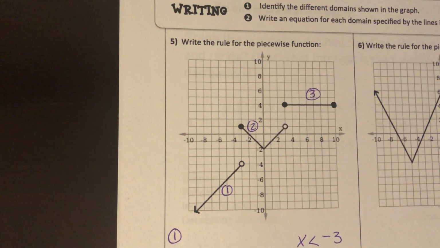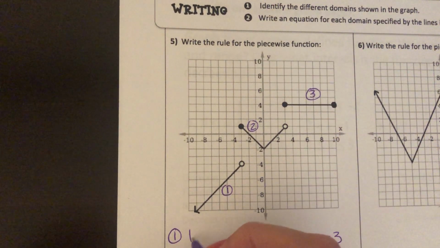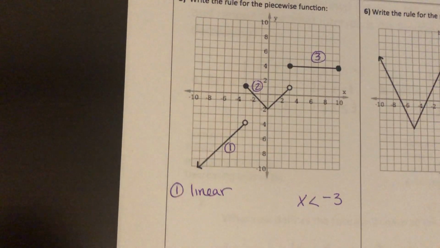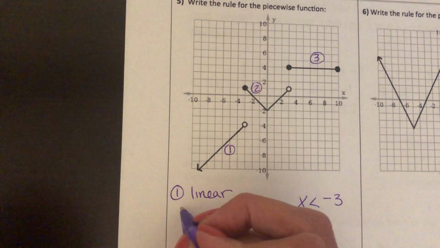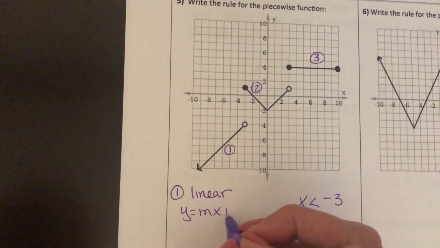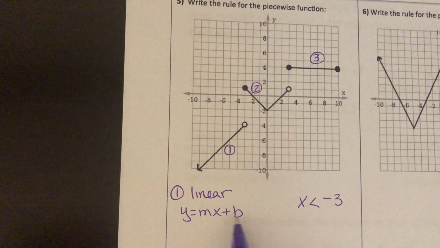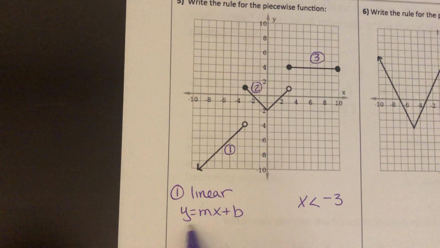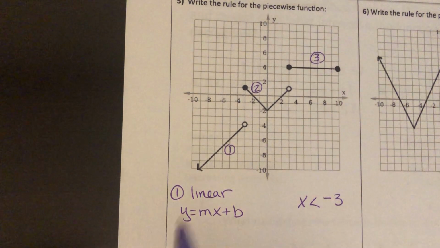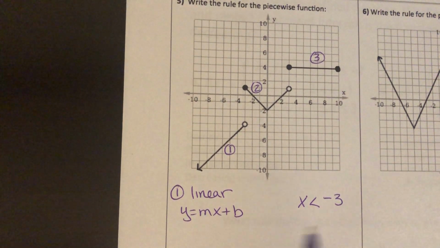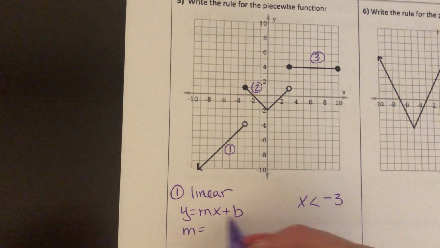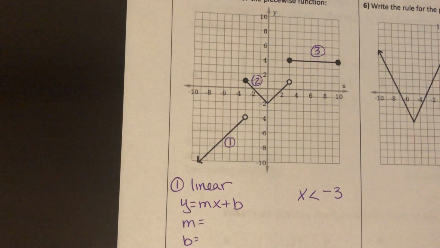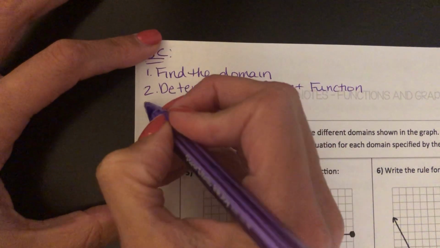So that's going to be a linear function. And I know that linear functions follow the form y equals mx plus b. m is the slope and b is the y-intercept. So when you're given a linear function, you need to find the slope and the y-intercept. So let's make a note of that.